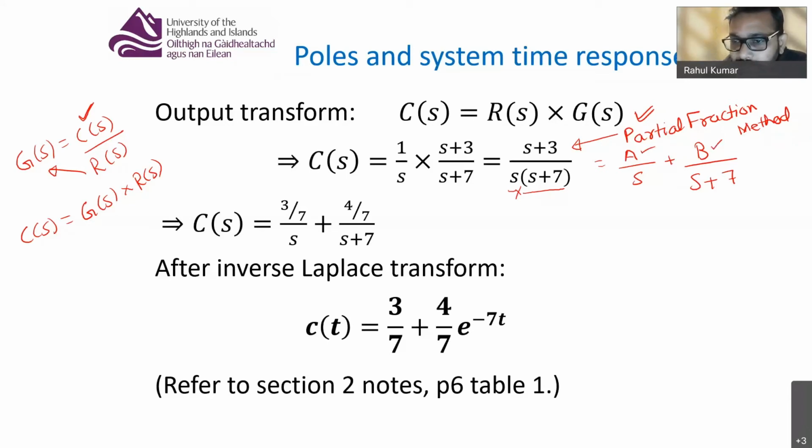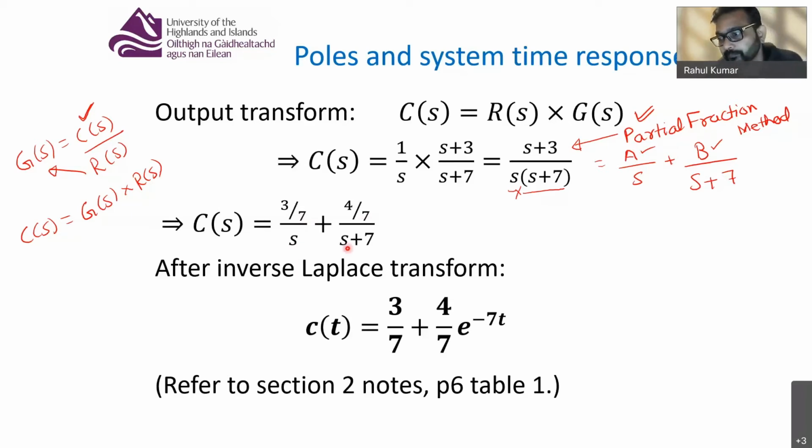According to my calculation, the value of a comes out to be 3 divided by 7, and the value of b comes out to be 4 divided by 7. After using partial fraction, I will get 3 divided by 7, this whole divided by s, plus 4 divided by 7, this whole divided by s plus 7.